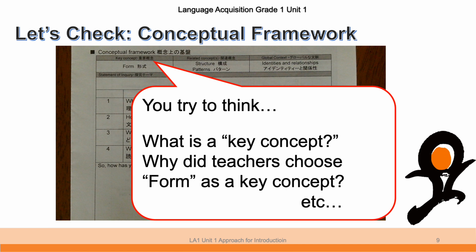It means you should understand the conceptual framework to understand the lesson well. For example, you try to think what key concept is, why teachers chose form as a key concept, and so on.